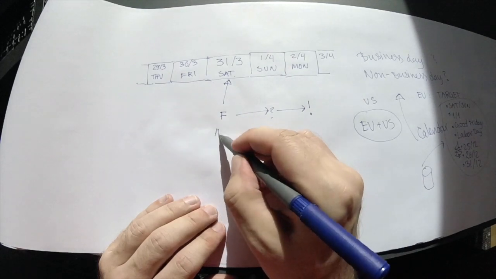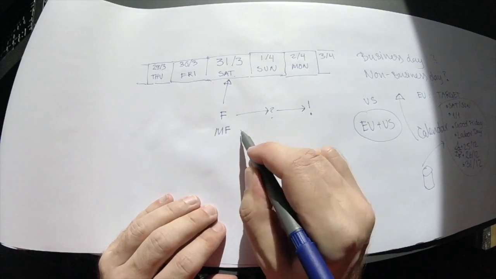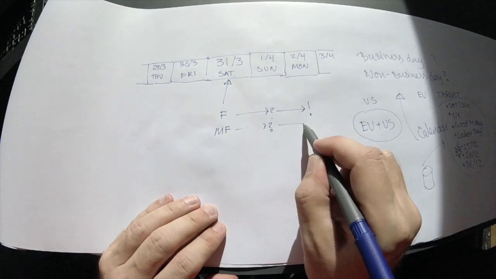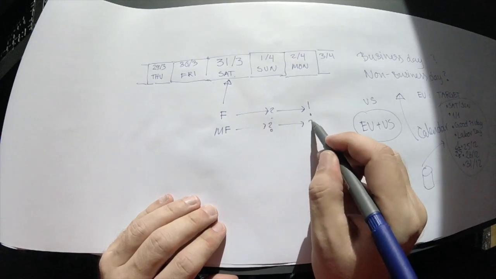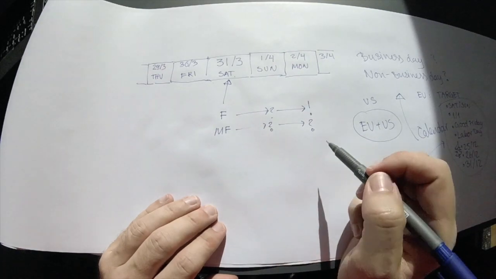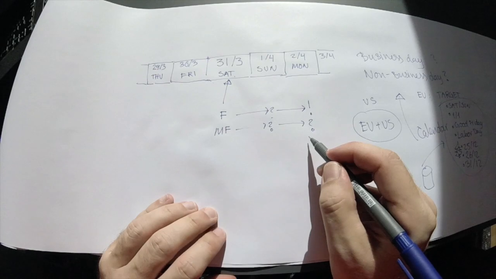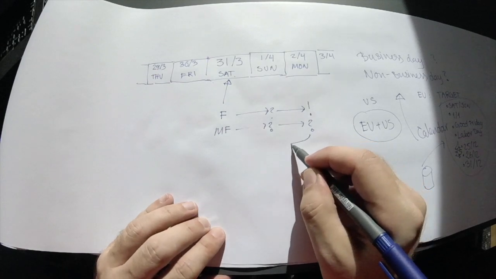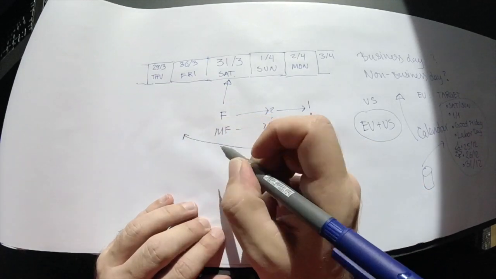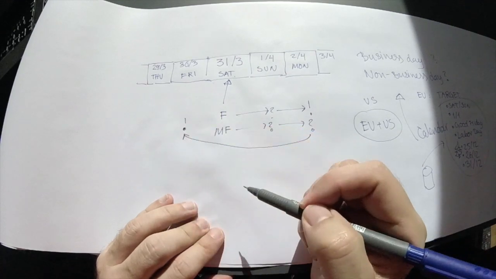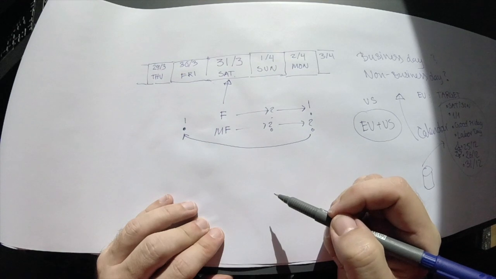We also have another approach called the modified following. It would also try to roll into the following good business day. But if that following business day is in another month, it would rather prefer to look at the previous business day. In this case, that would be Friday, the 30th of March.